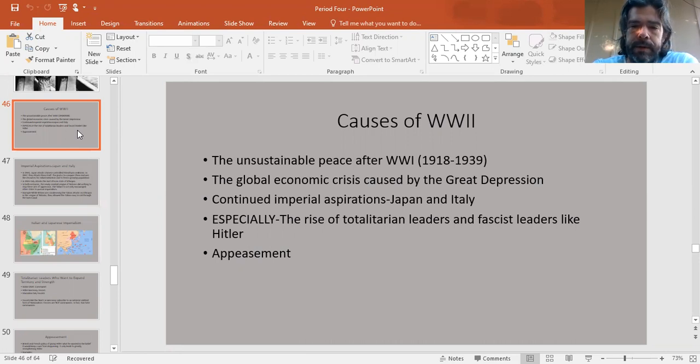After World War One, for lack of a better term, a just peace that satisfied all the previous combatants was not achieved. Remember, after World War One, so many states were upset about the terms of the peace, including sides that won.